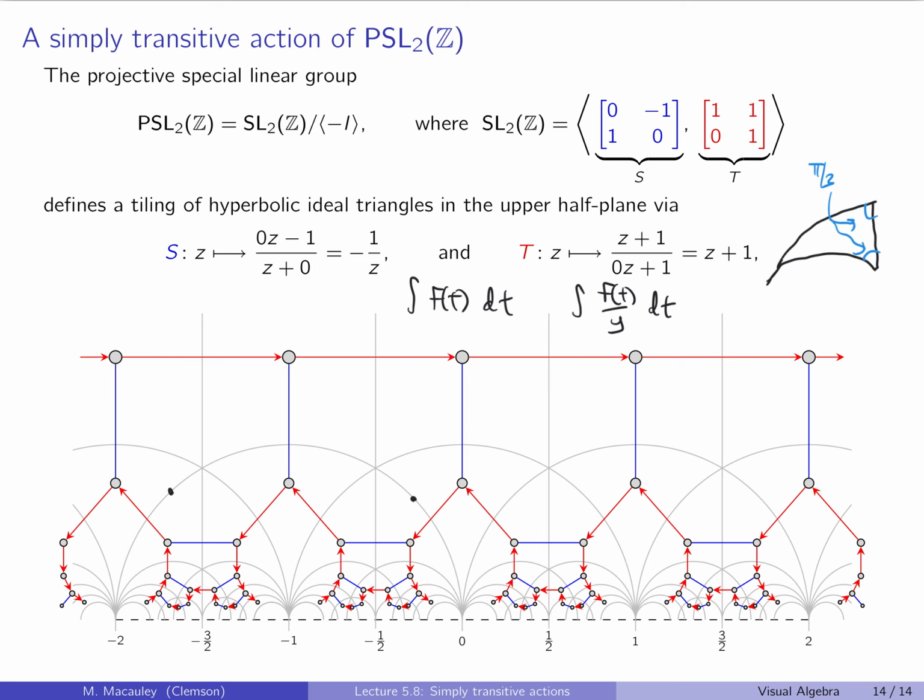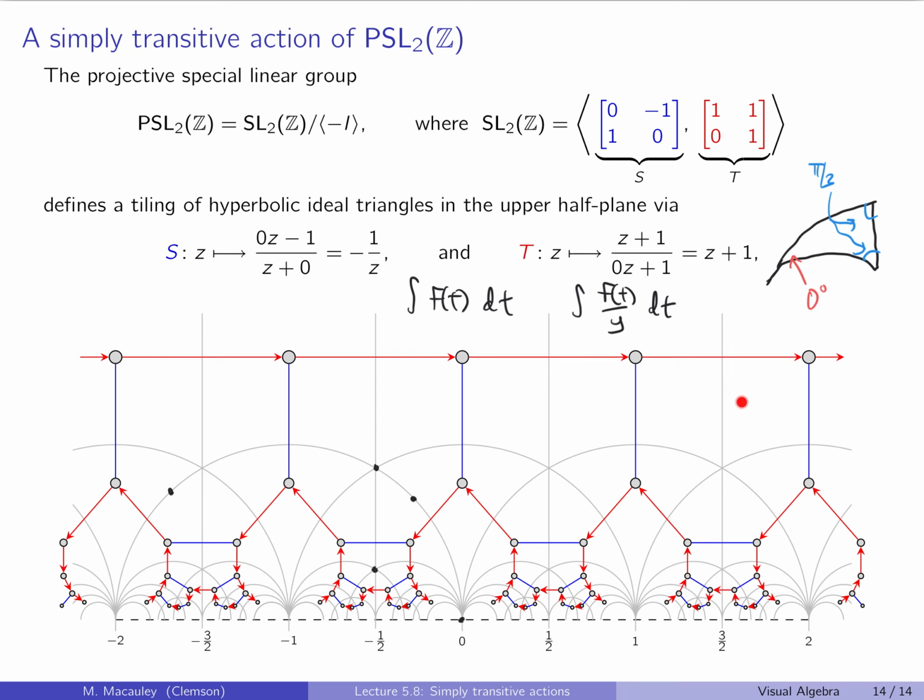You can see that because if you take any one of these triangles, this point right here has 6 regions around it, so each one of these is pi over 3, and same with this point down here. There's also 6 regions around it. But if you look at the other point here, there's infinitely many things around it. So this is really a 0 degree angle. So that's why it's called an ideal triangle and not a triangle.